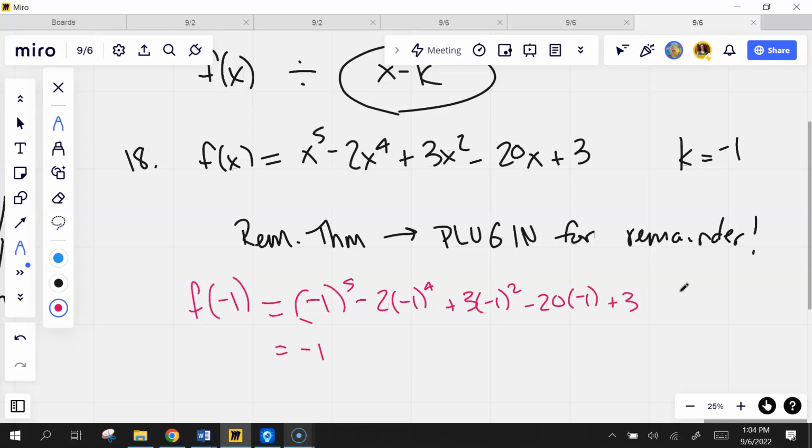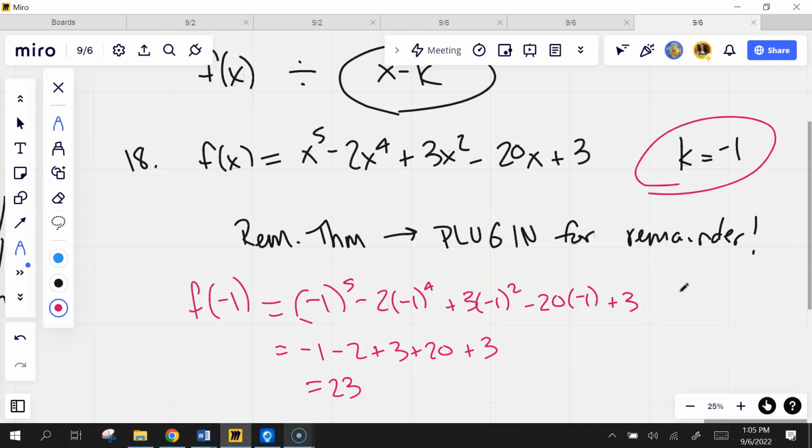So -1 minus 2 plus 3 plus 20 plus 3. That's 23. So that's the remainder. That is all it's asking.